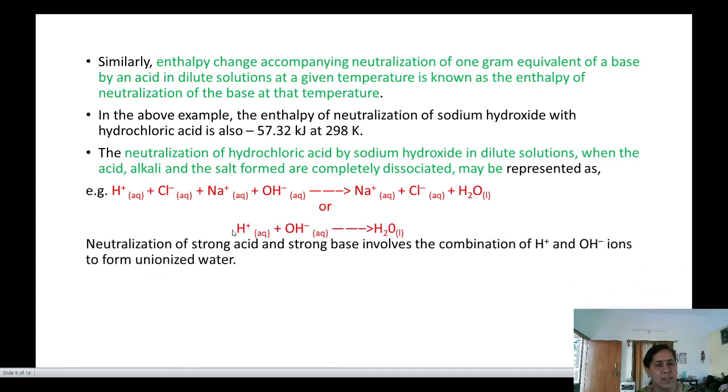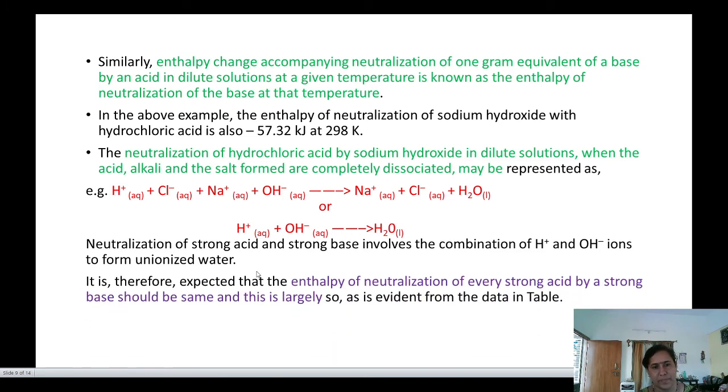Or in the other sense, it can be represented as H plus plus OH minus gives rise to formation of H2O. Neutralization of strong acid and strong base involves the combination of H plus and OH minus ions to form unionized water.